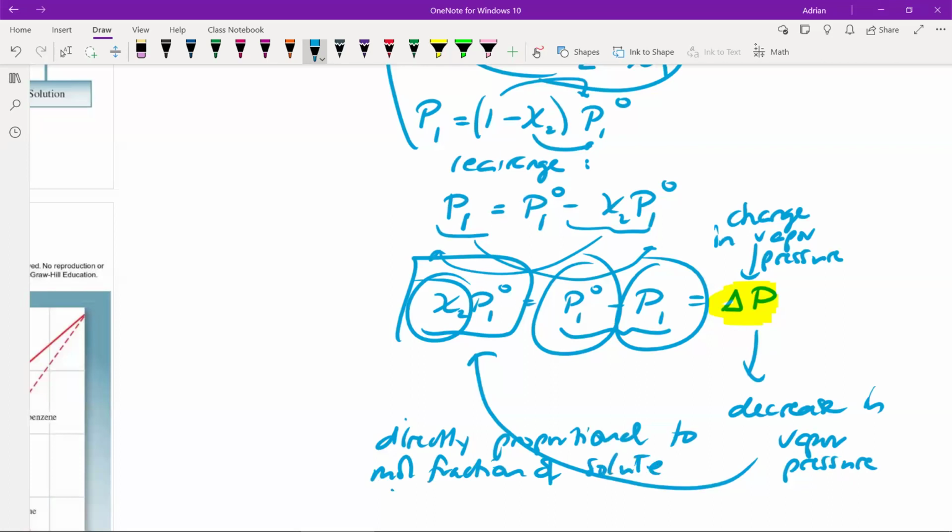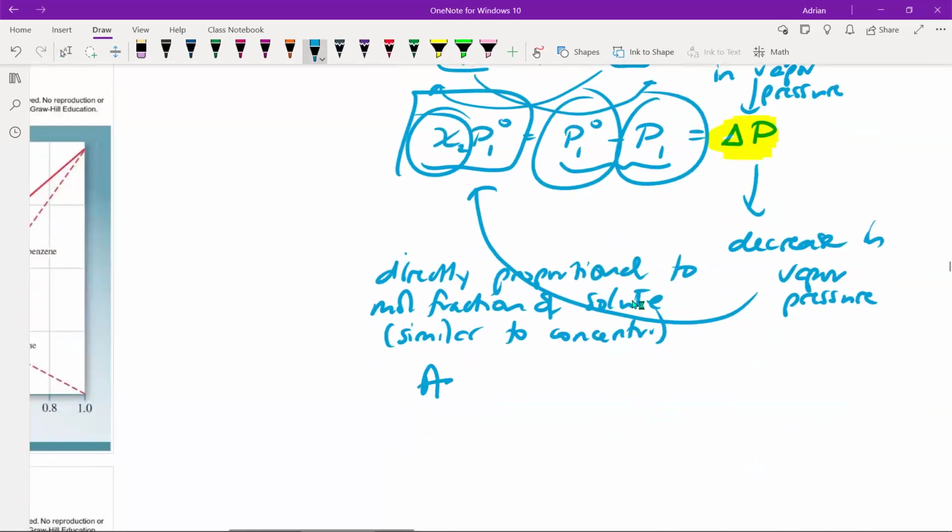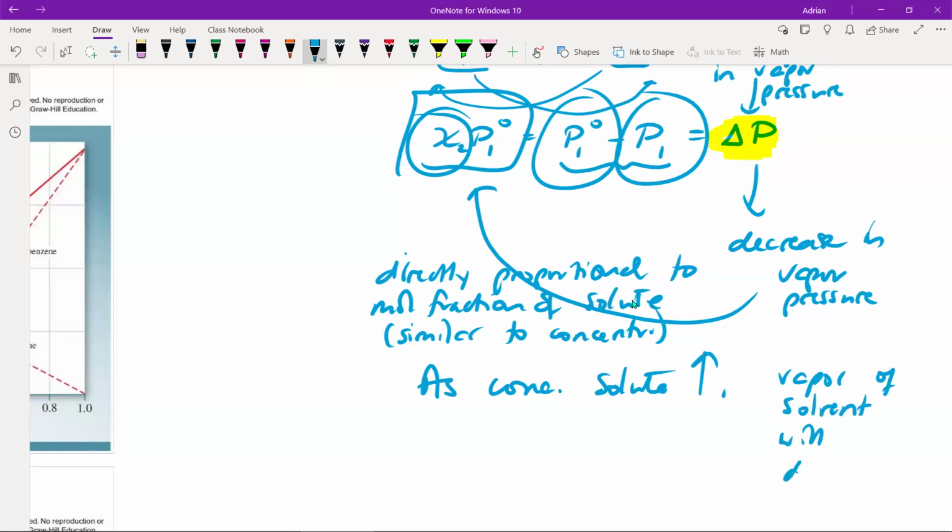You can think of that as being similar to the concentration. The higher the mole fraction, the higher the concentration is going to be. So what this suggests is that as the mole fraction, or the concentration, of the solute increases, the vapor pressure of the solvent will decrease.